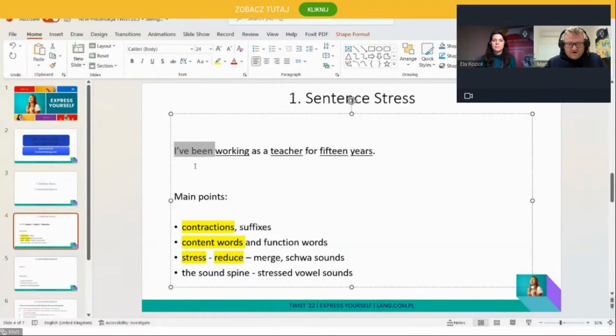So we identify content and function words. For example, I would say not "I have been". It's not a content word, been, but probably have been. I've been.